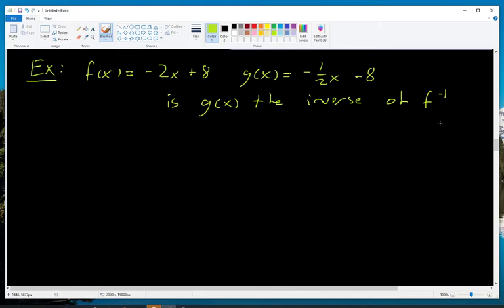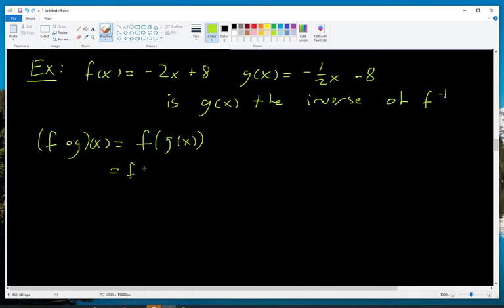So we're checking the same thing we did in the previous problem. It's asking it a slightly different way, but it's asking us to do the same thing. You have two functions. You want to check, is g the inverse of f? So we have to check, what is f composed of g of x? Is that just x?